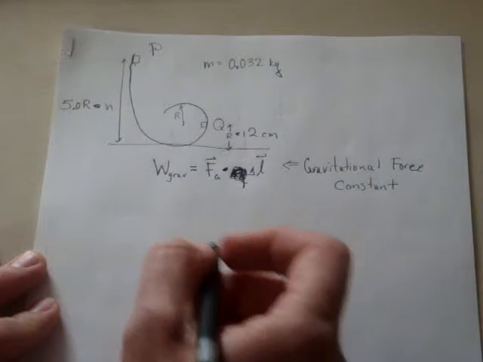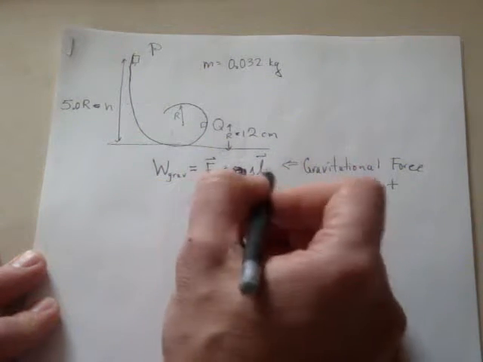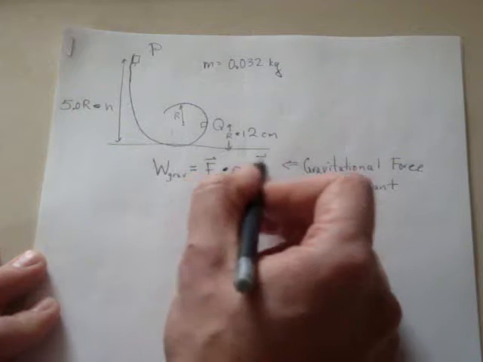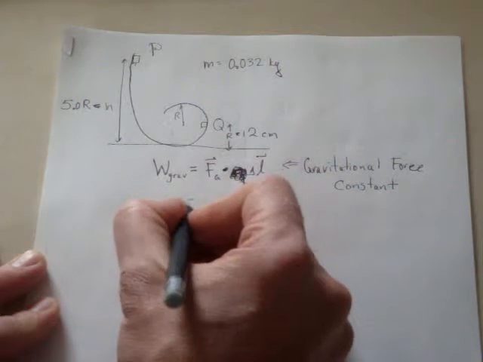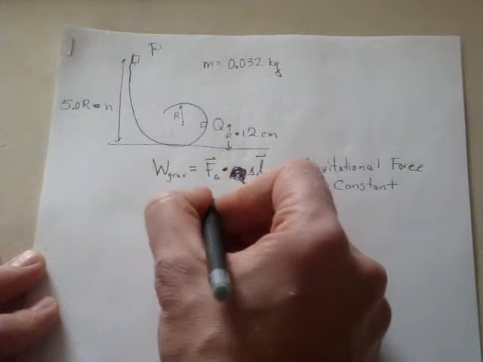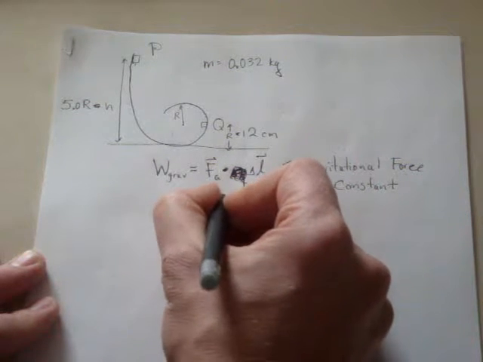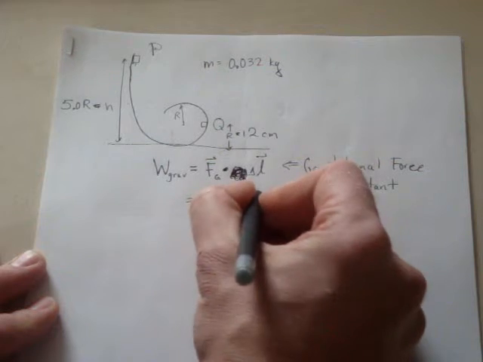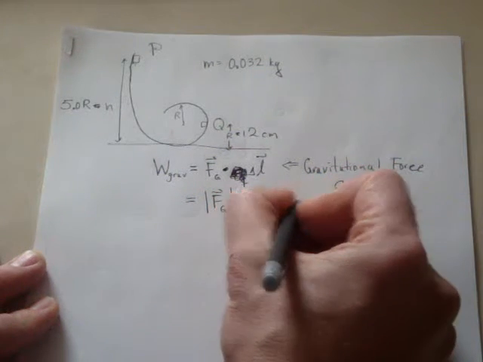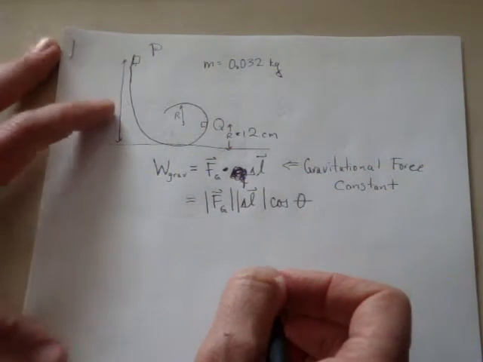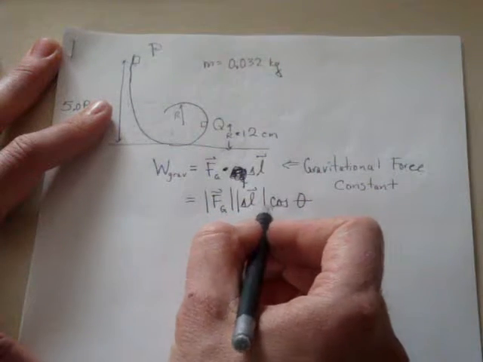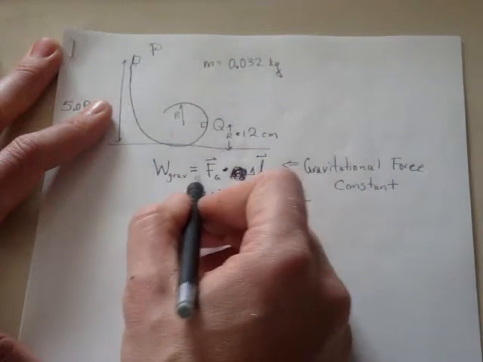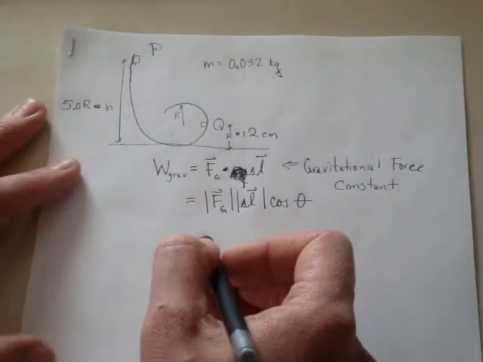One way to solve it would be to say that the magnitude of the gravitational force times the magnitude of the displacement times cosine of the angle between these two vectors is equal to the work done.